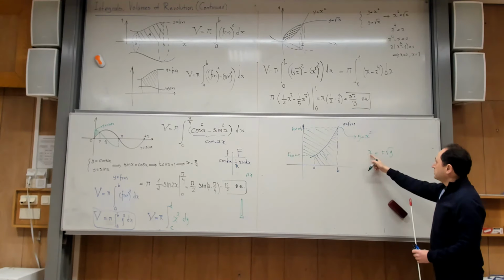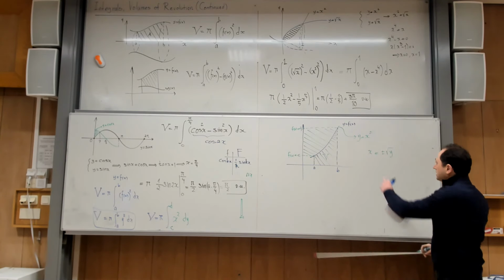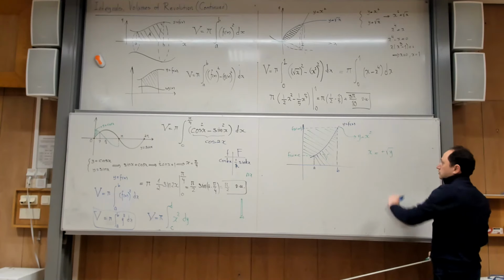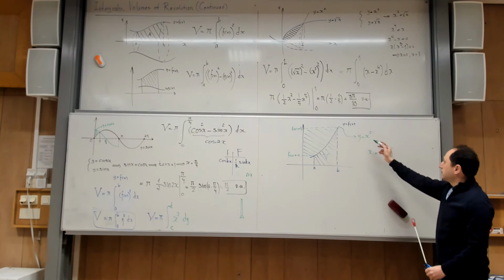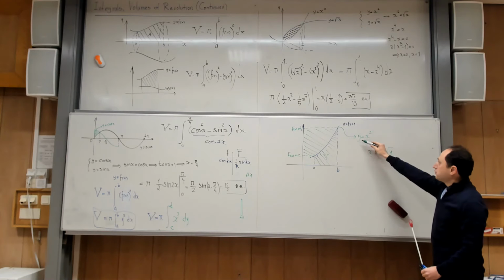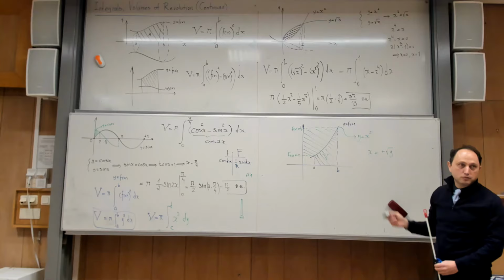So this expresses x in terms of y. But of course, we have to be careful. For example, in this region, x is not negative, so I do not take this into account. This is the same equation, but this one expresses y in terms of x, and this one expresses x in terms of y.